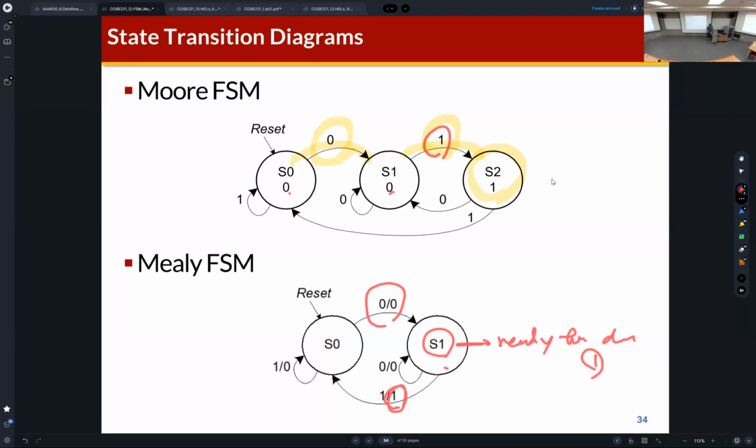Okay? So that's the difference. If the output is inside the current state, it's a Moore FSM. But if we observe the output on the transition between states, it's a Mealy FSM.